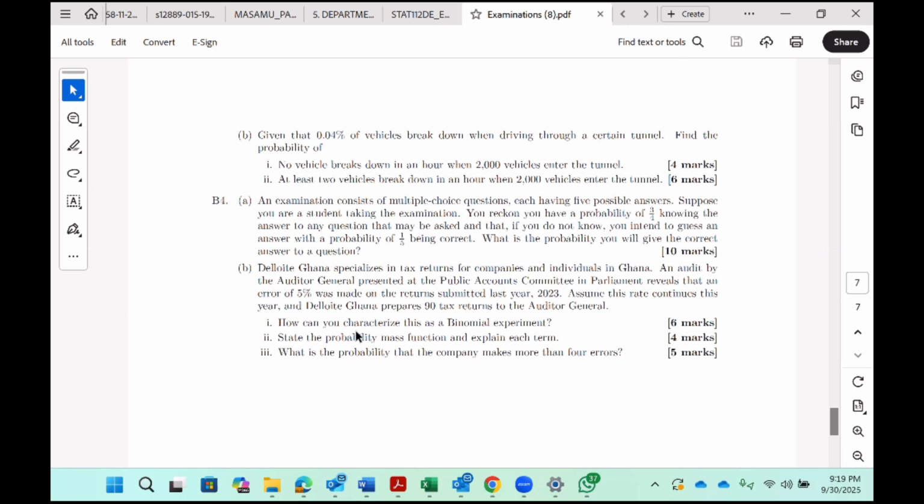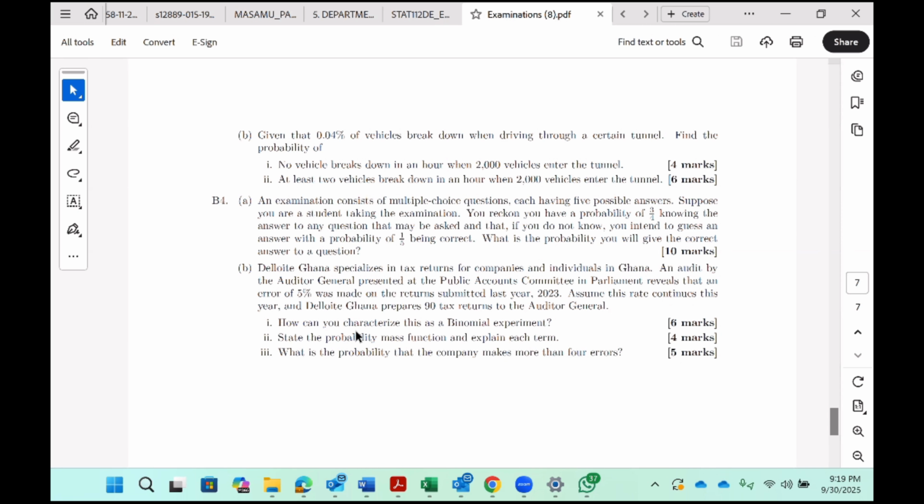So here, you need to use the binomial approximation to Poisson to solve this problem. The total number of vehicles in the first case is 2,000, within 1 hour. So you multiply 2,000 times 0.04%, and that will give you your lambda.